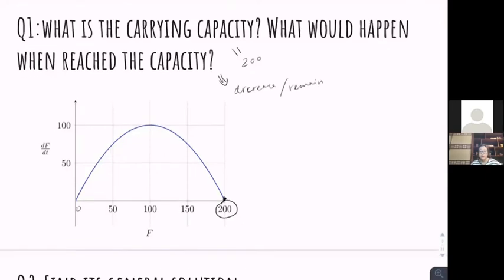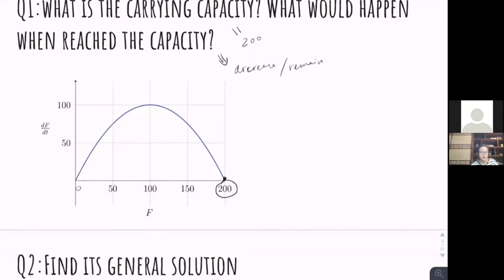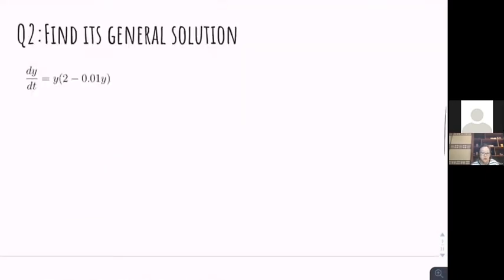Find the general solution for the differential equation dy over dt equals y times parentheses 2 minus 0.01y. First of all, only by looking at it, we can see this is a first order differential equation. So the next step we're going to do is to find if this is separable. For me, I'll just move dt to the right side and move this whole thing to the left side.